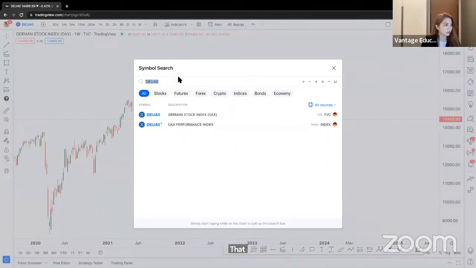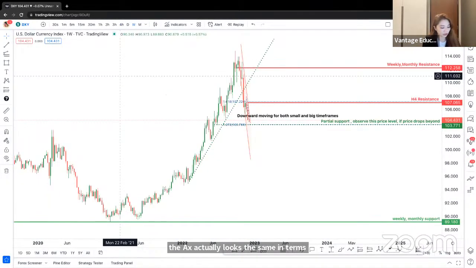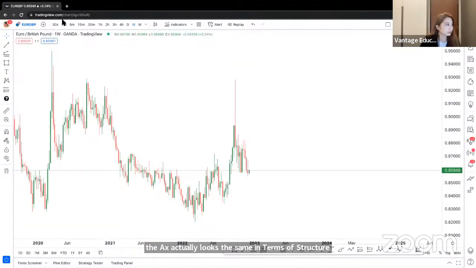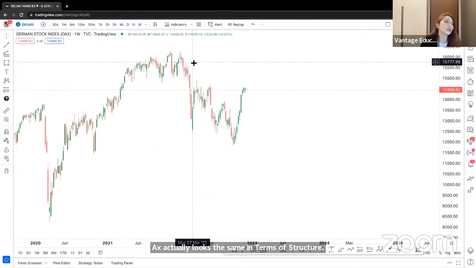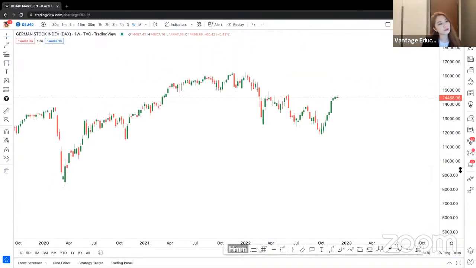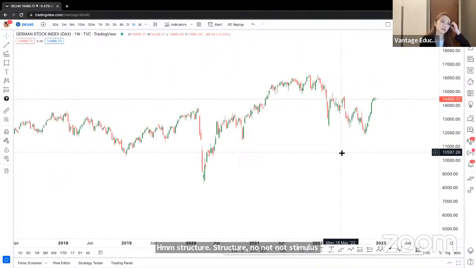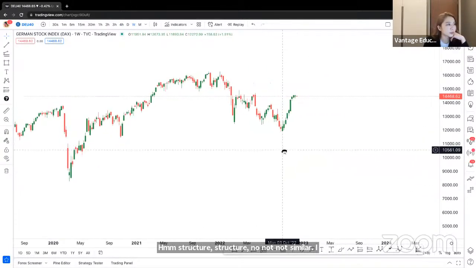I'm not thinking that DAX actually looks the same as DXY in terms of structure. Structure not similar, I feel. Okay, so let's look at weekly.